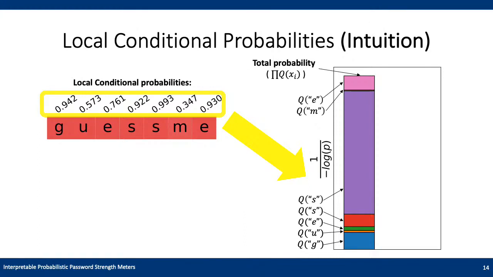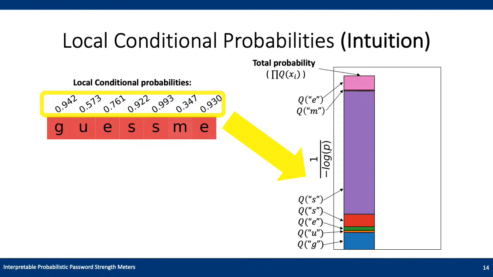Here, each block in the bar represents the mass contribute of the character, whereas the whole bar is the total probability. Now, knowing how the mass of the password is distributed allows us to understand which parts of the password are pushing it to have high probability, so that push it to be insecure.